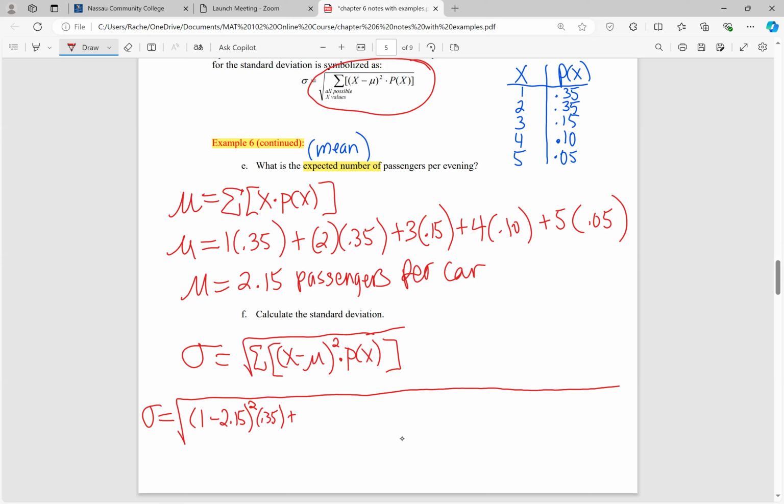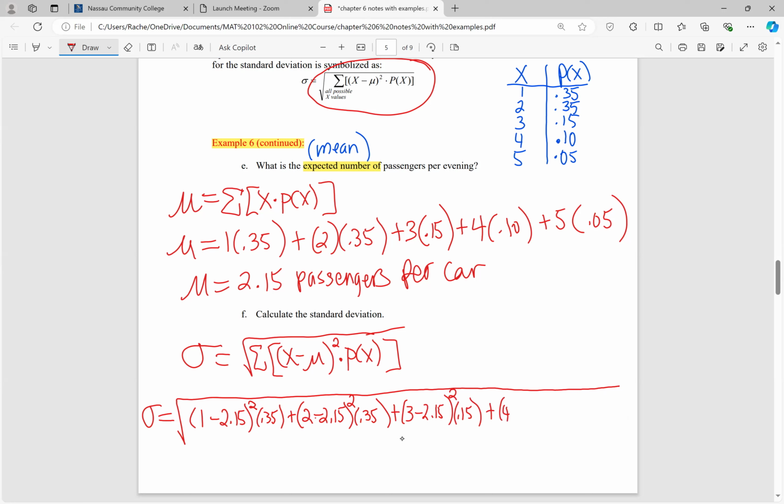Now we're going to do that for the next value of x. So we're going to take 2 and subtract the mean of 2.15. We're going to square it, and then multiply that by the probability of 2, which is 0.35. Plus now we're going to take 3 minus the mean of 2.15 and square it, and multiply by the probability of 3, which is 0.15.